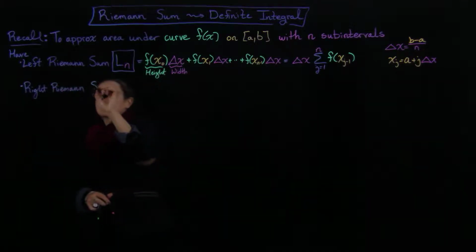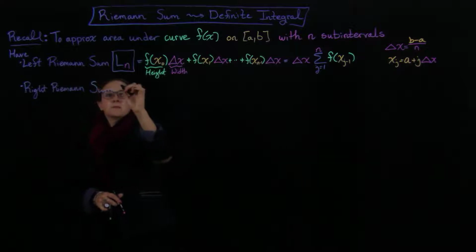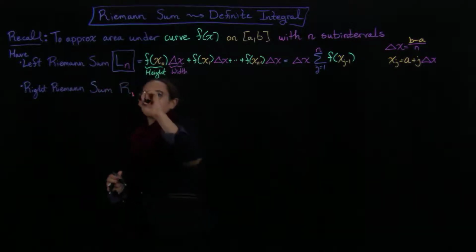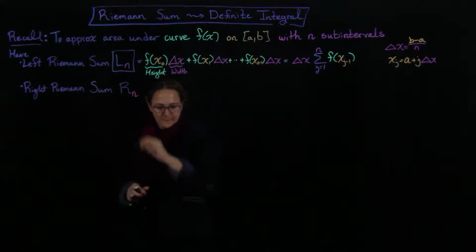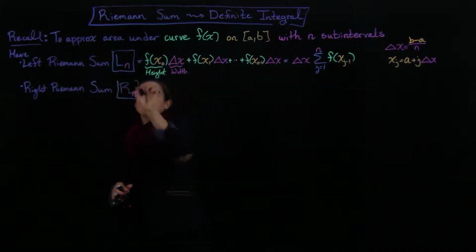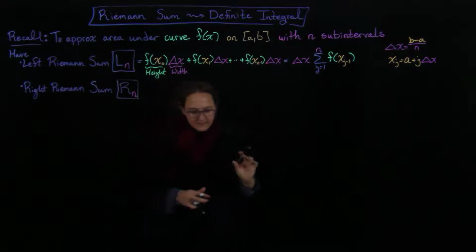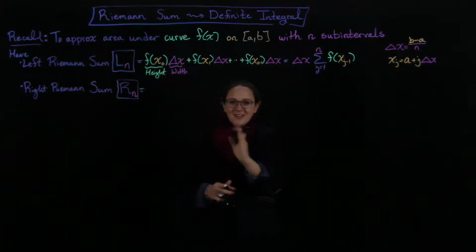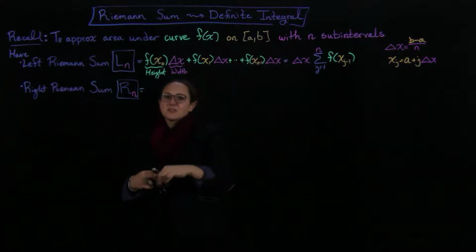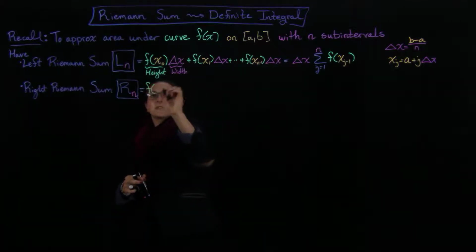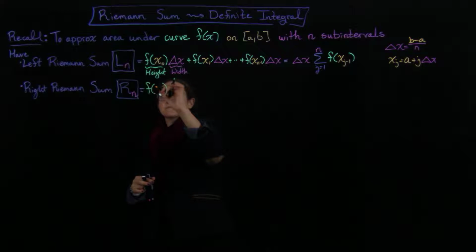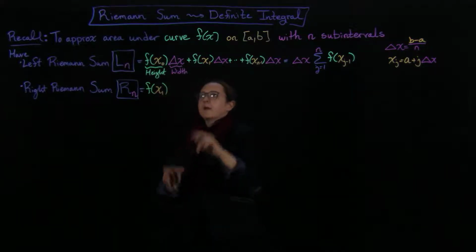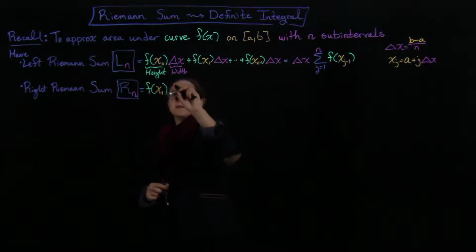So this is R sub N, and again this is height times width, but this time, because we're starting on the right side, we start with f of x1 and multiply that by delta x.